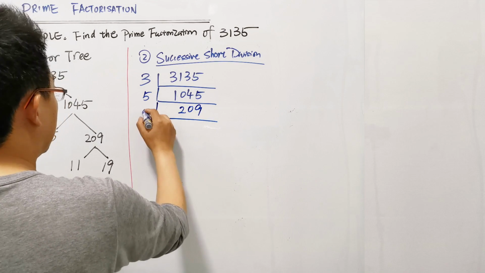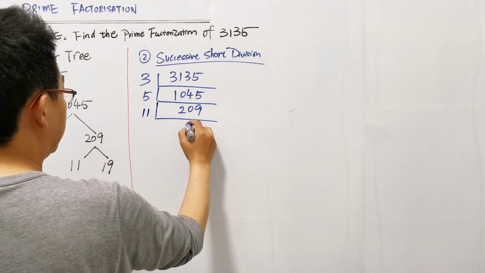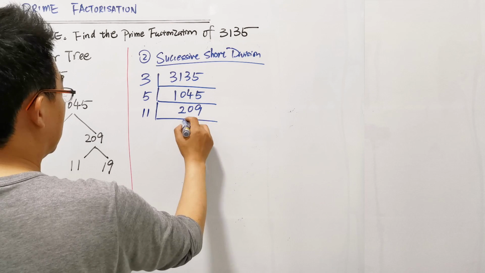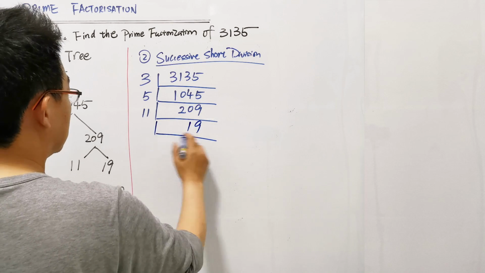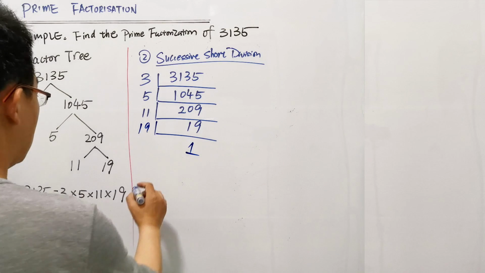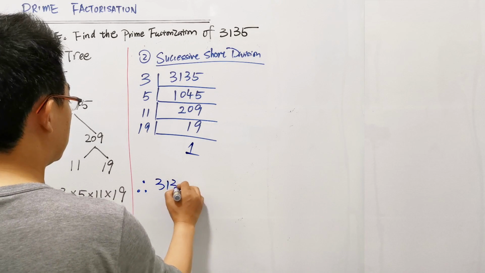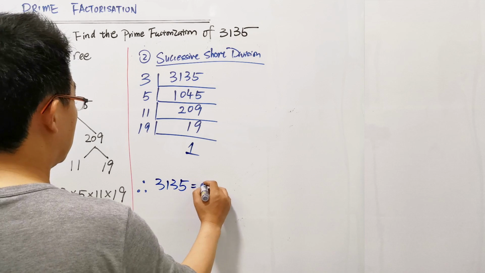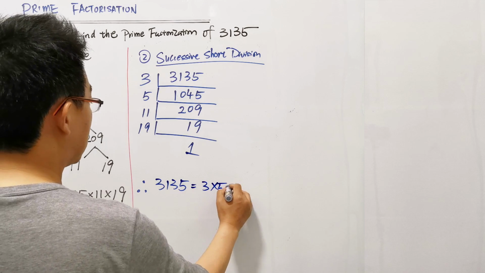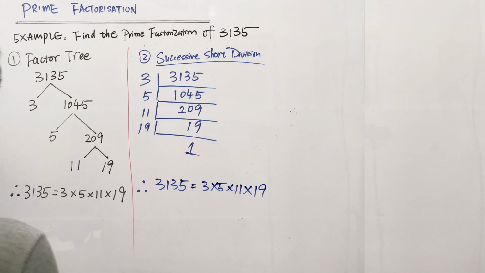Okay, let's look at this one. We have a 1 here, right? Then we have a 9. Okay, so then we have 19. Then the result is 1. Okay, so what is the answer? The answer is 3135 equals 3 times 5 times 11 times 19, right? Okay, we got the same answer, right? Okay, quite straightforward, right?